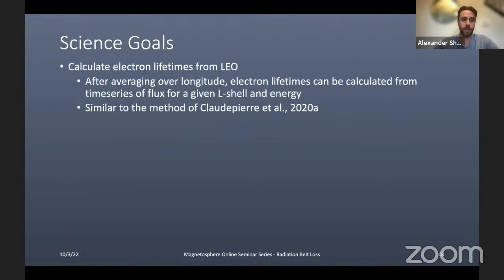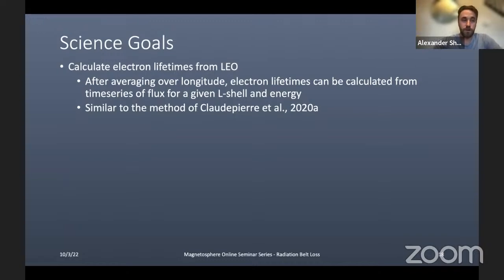Just to reiterate our science questions, now accompanied with our methodology: we will be calculating electron lifetimes from LEO and comparing to previous estimates from diffusion coefficients and in situ measurements. From our global maps, we will bin flux by L shell and energy and average over longitude.